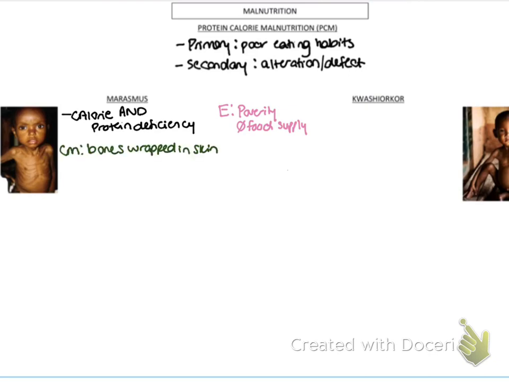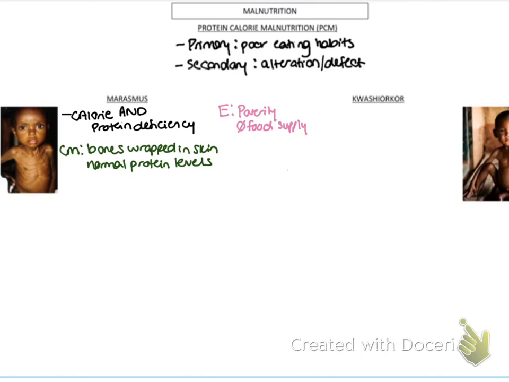So their little bones look like they're wrapped in skin. You can see all their bones. They actually have normal protein levels because it's kind of that balance. It's not like they're getting calories but not protein. They're not getting either. So their protein in relation to everything else is within normal limits.